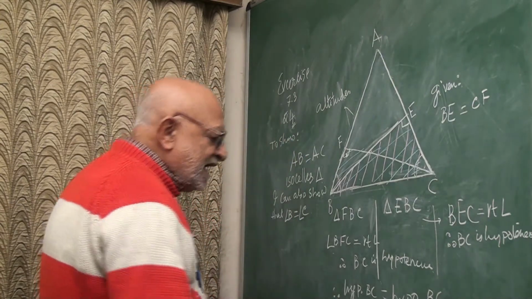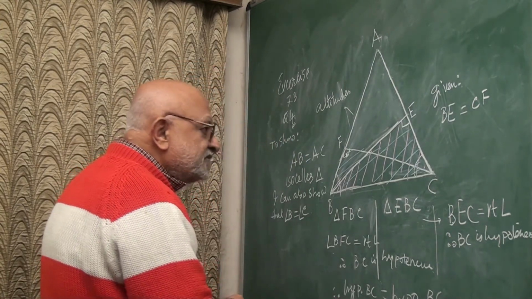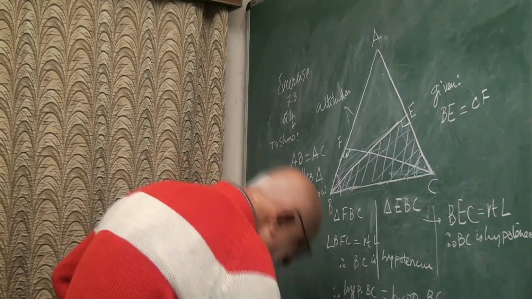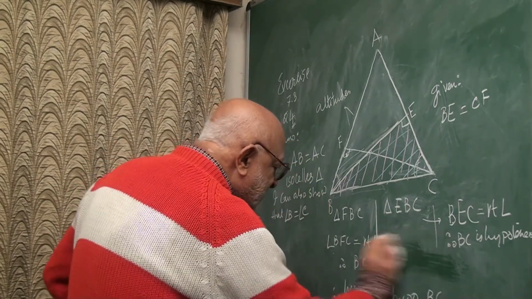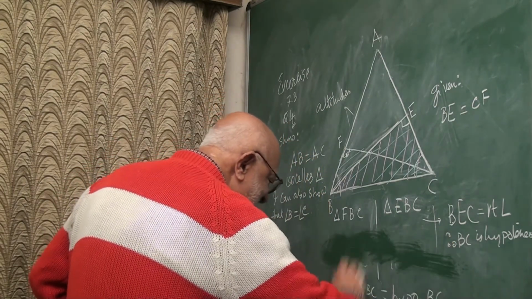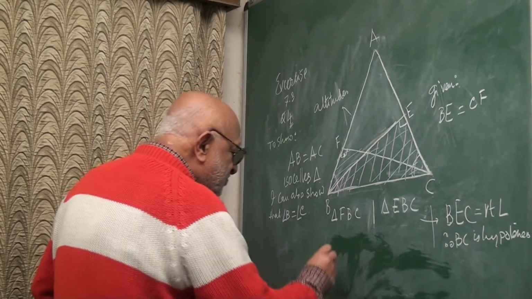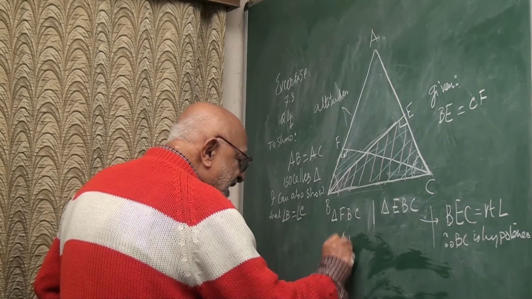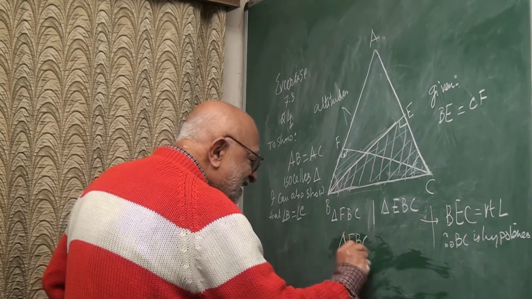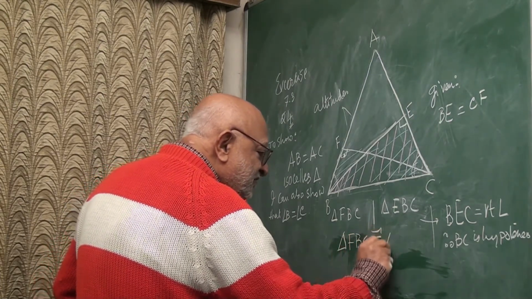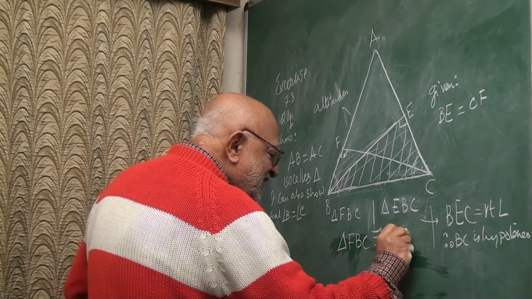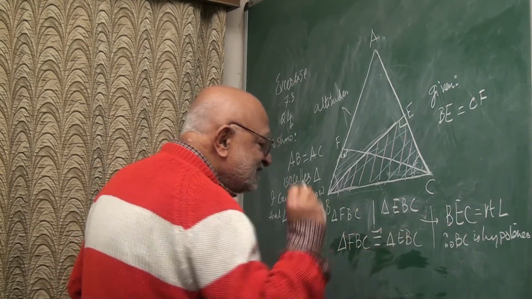Okay, so that means these two triangles are congruent. Triangle FBC is congruent to triangle EBC.